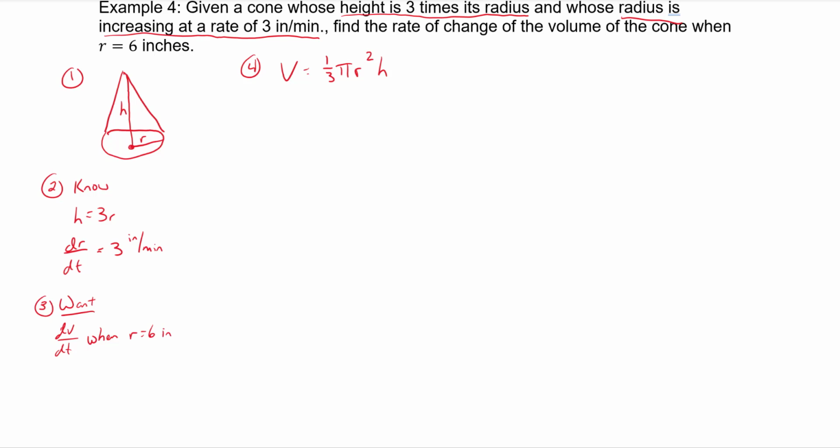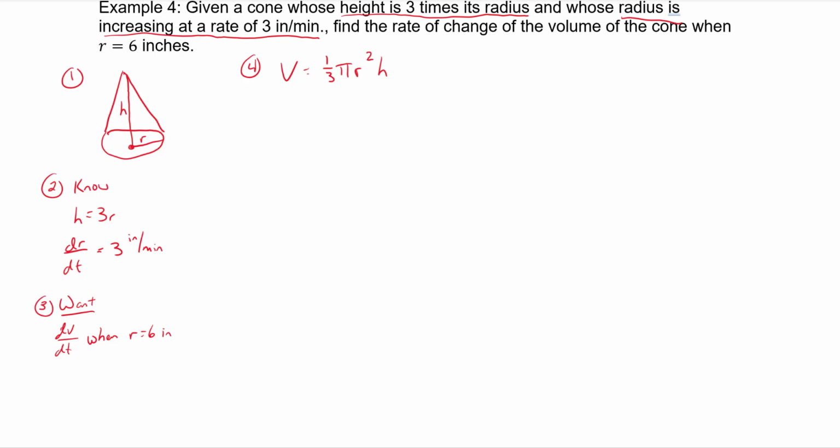So what do we have to do? To fix that, we have to eliminate one of the variables somehow. To figure out which one, let's look at what we know. We know dr/dt, and we want dV/dt. So which of those 3 rates of change does not belong? That's right, dh/dt. So we need to eliminate height from our volume equation.